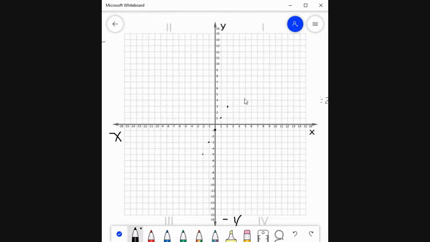And of course, once you have plotted your points, you can then draw your line as such, but make sure you draw it a lot more straight and more pretty than mine.